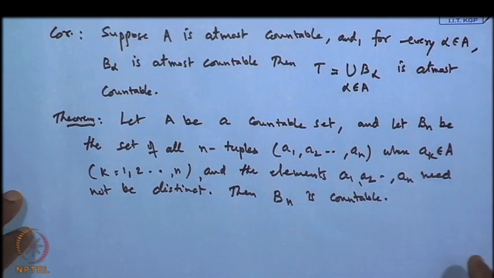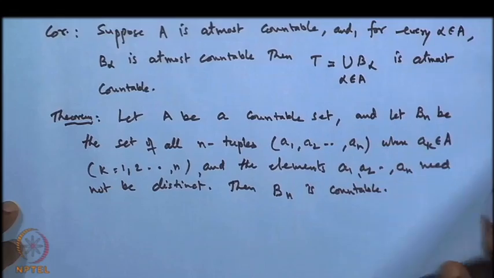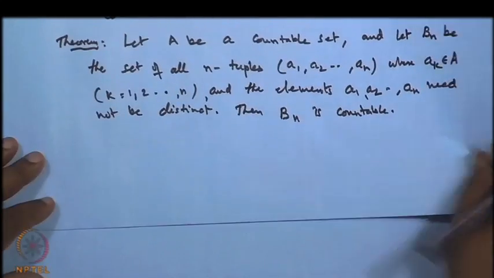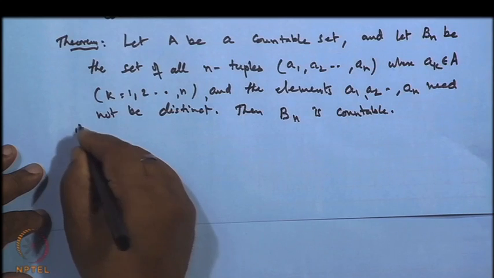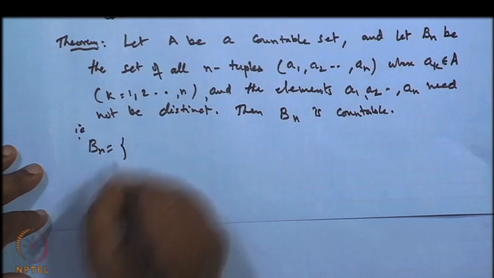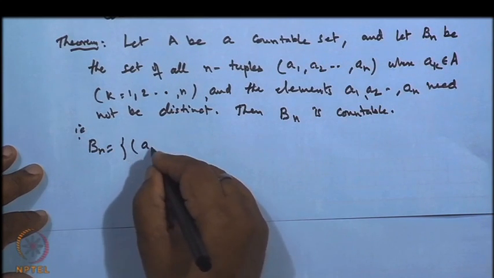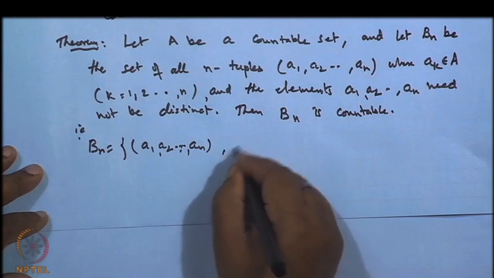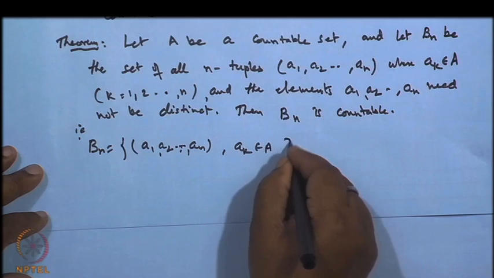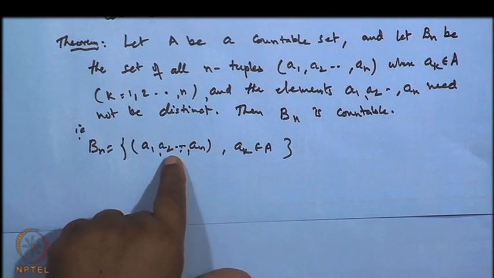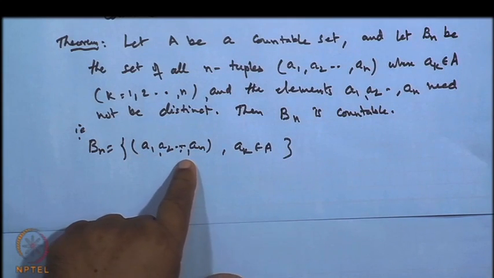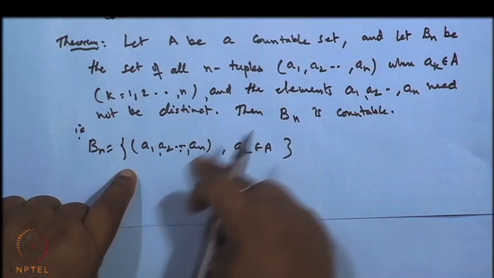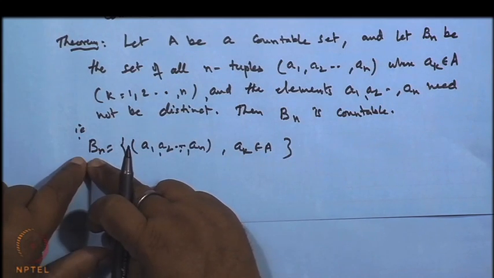So, what this theorem says is that if we construct a set B_n, that is, B_n is the set of all n-tuples (a_1, a_2, ..., a_n), where the a_k's are in A, and these coordinates belong to a countable set, then this collection of all n-tuples will also be a countable set.